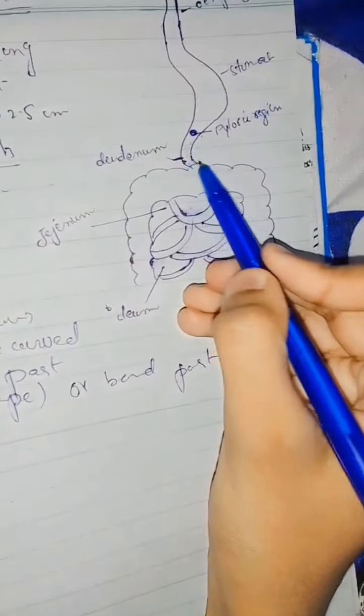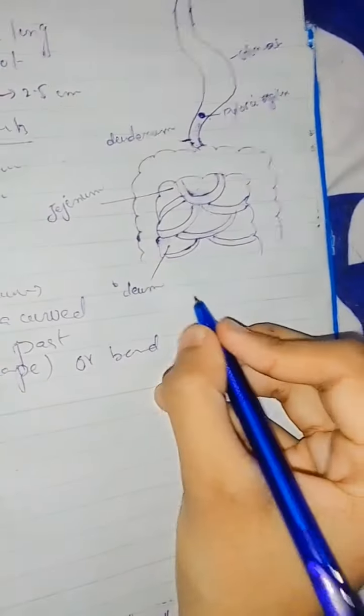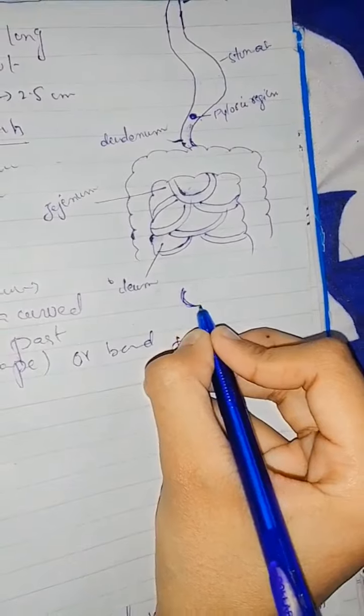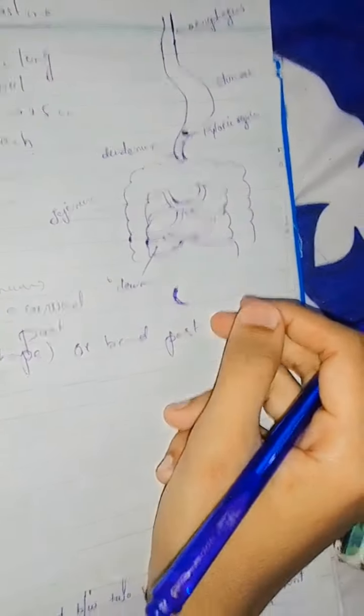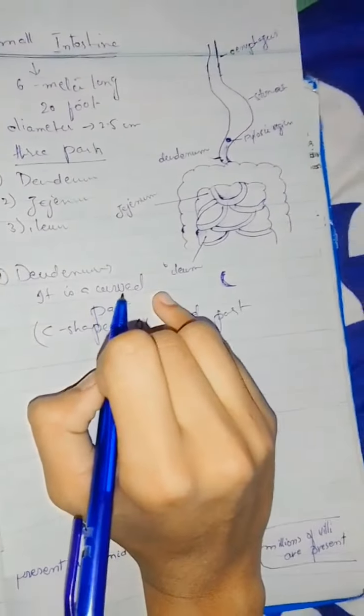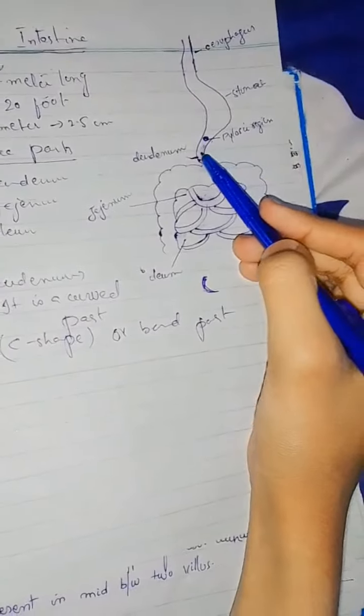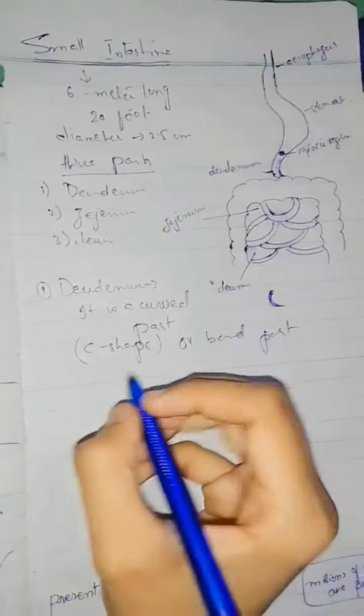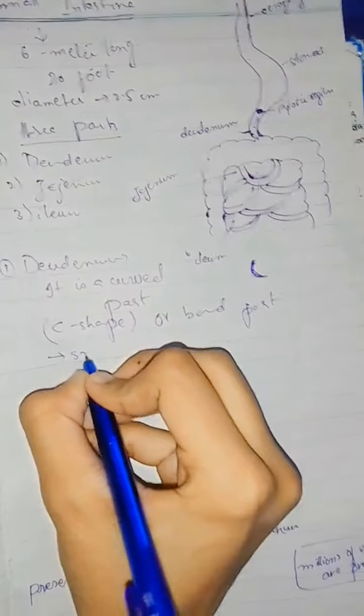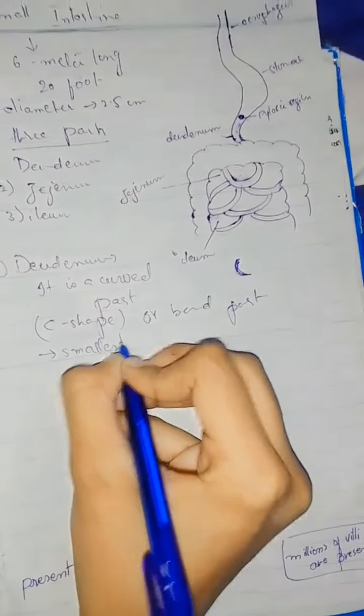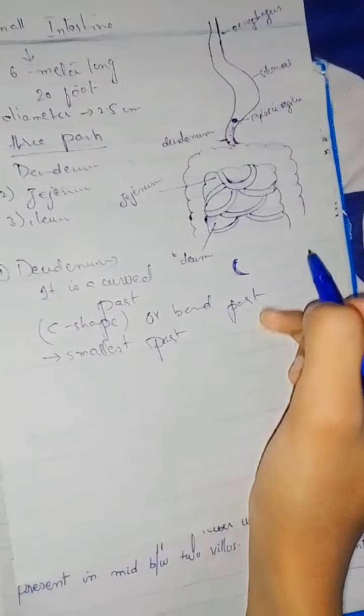It is called a bent, C-shaped, or curved part because its shape is just like a C. It is the first part, and it is the smallest part of the small intestine.